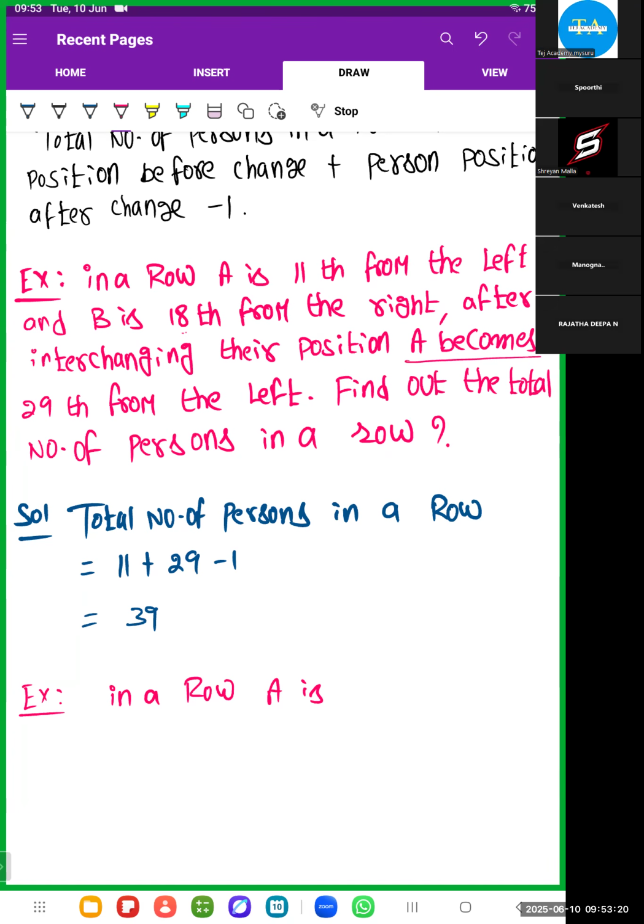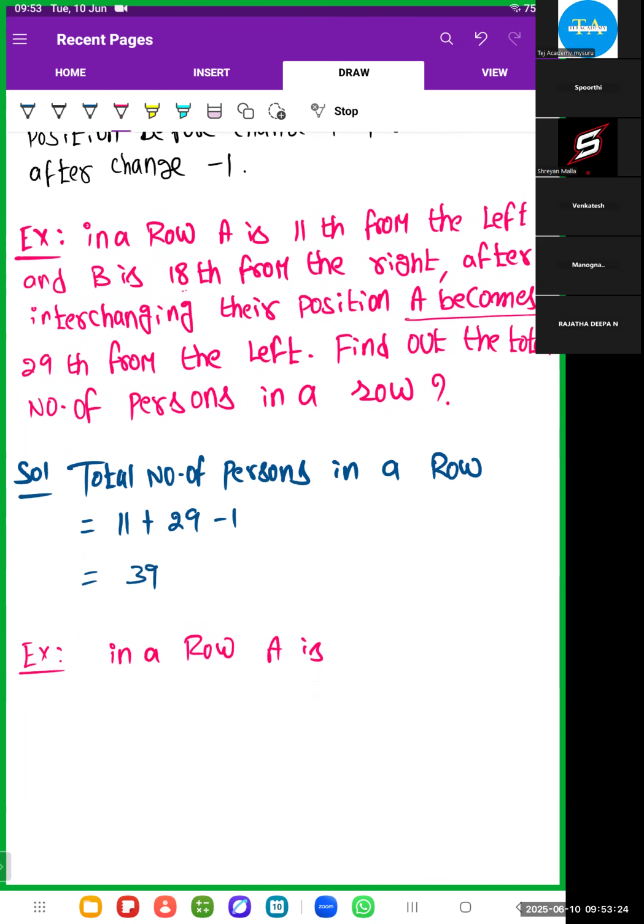If it is asked about B, then you can take B. If both A and B are interchanging, in such a case we can consider both.